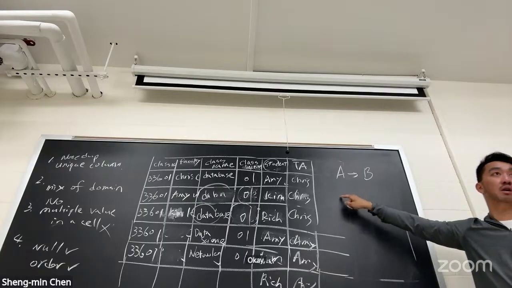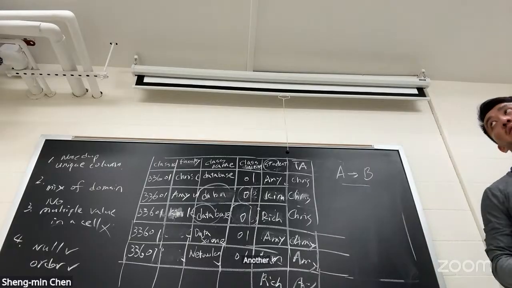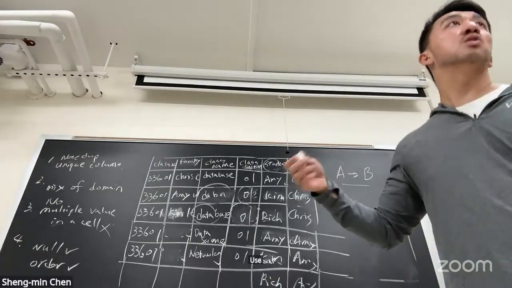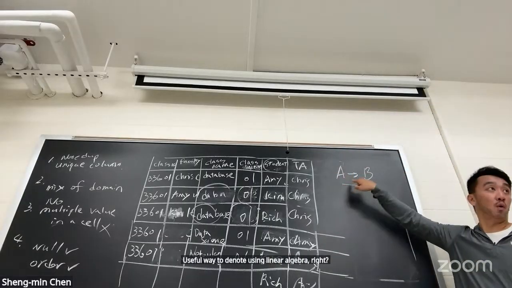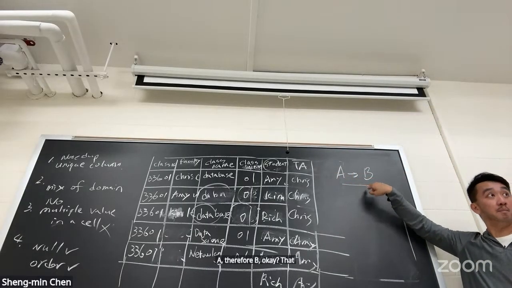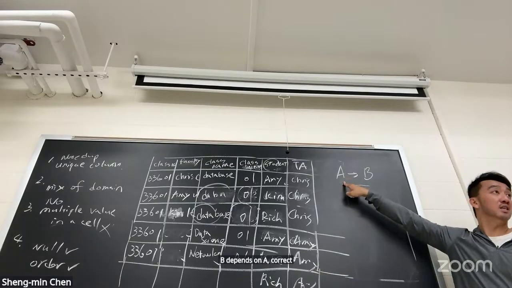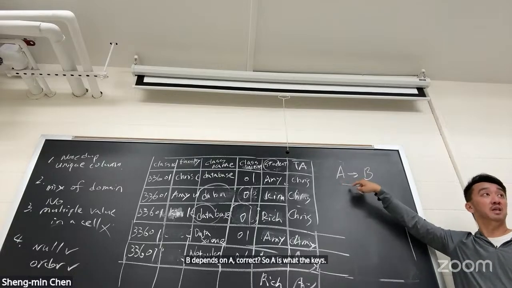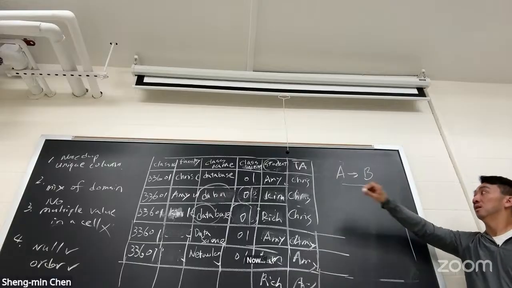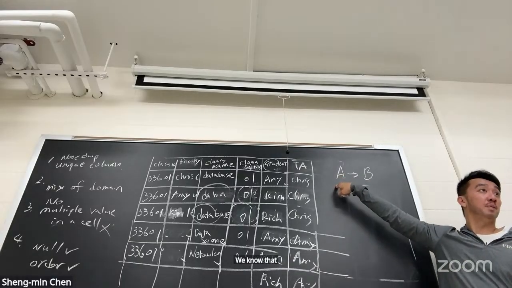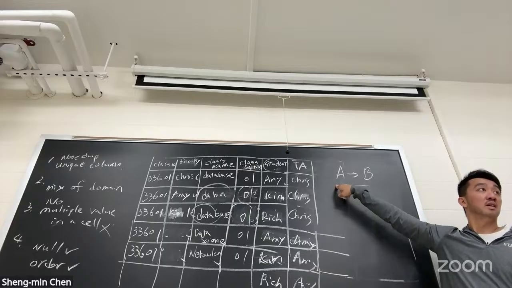Okay, this is another useful way to denote using linear algebra, right? A, therefore B, okay? So that means that B depends on A, correct? So A is what? The keys. B is non-keys. Now, we know that A could be what? It's a primary key.